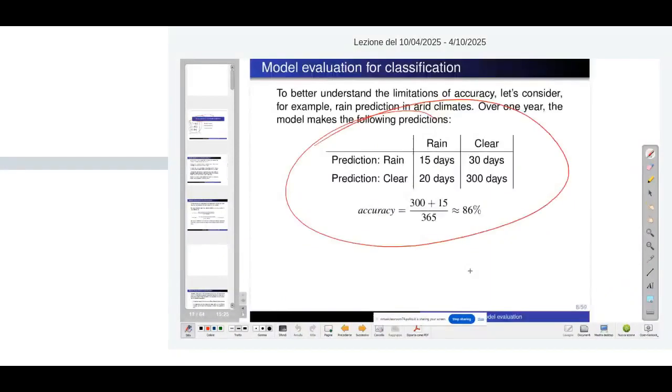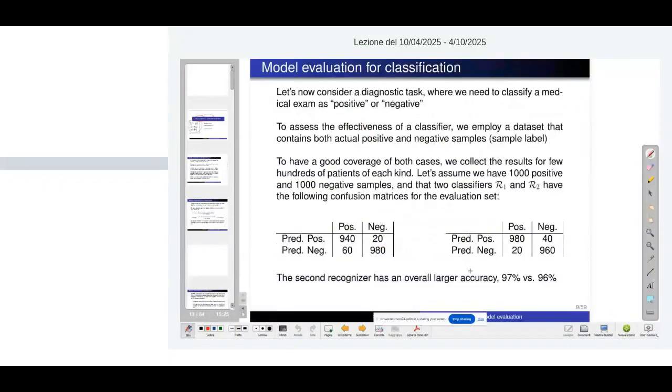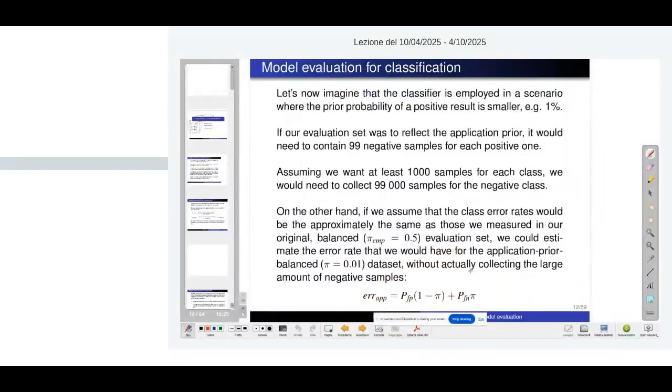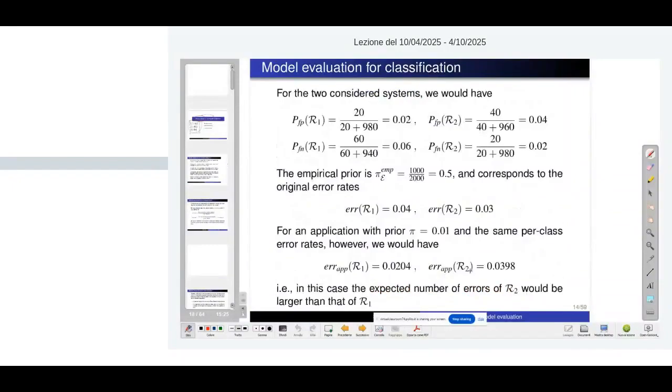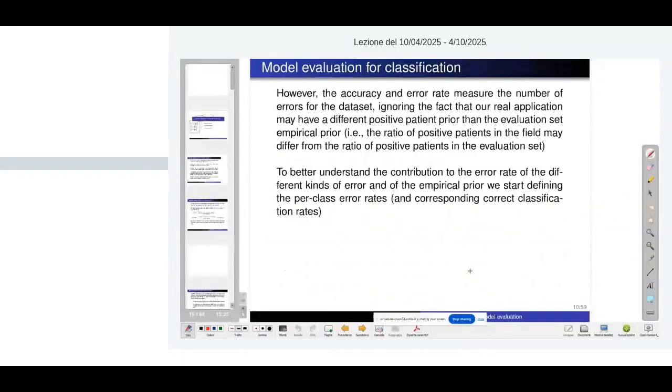This was the example that we discussed before on why normalization is important, and why error rate and accuracy are not correct measures in that case.